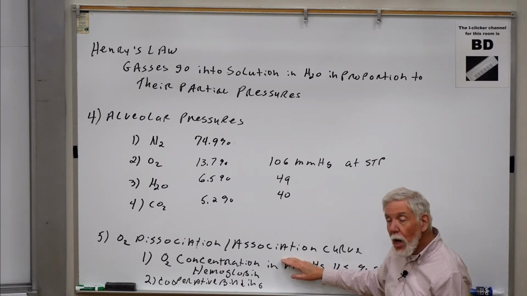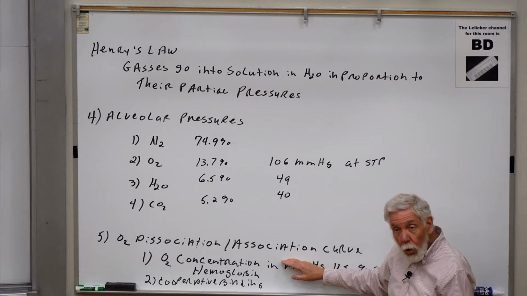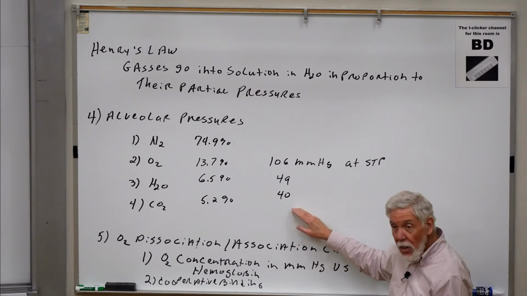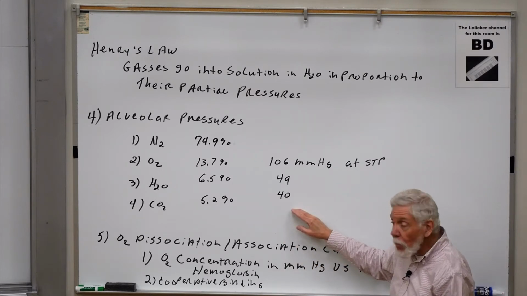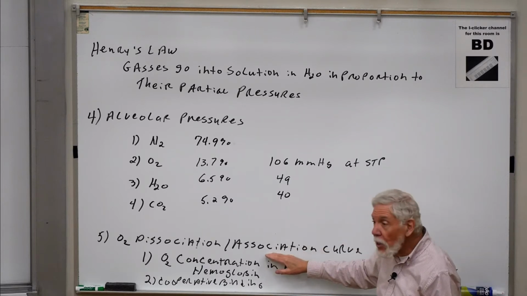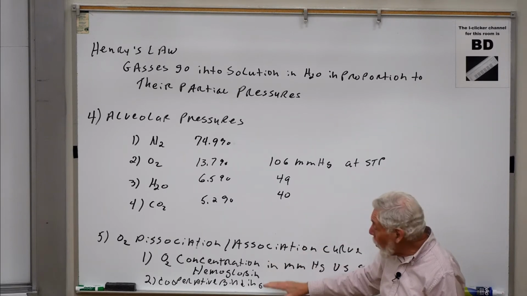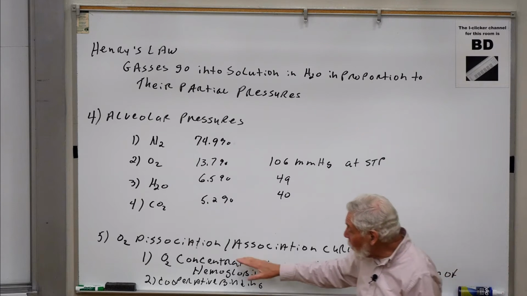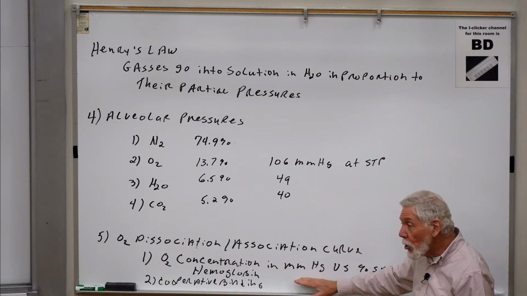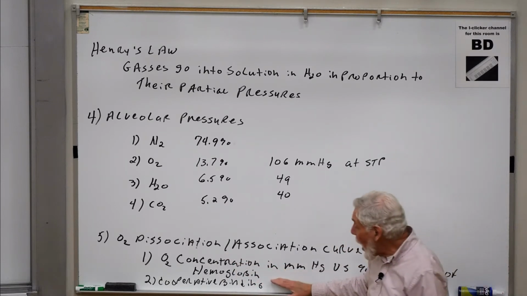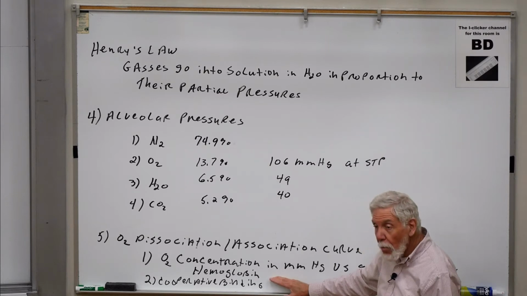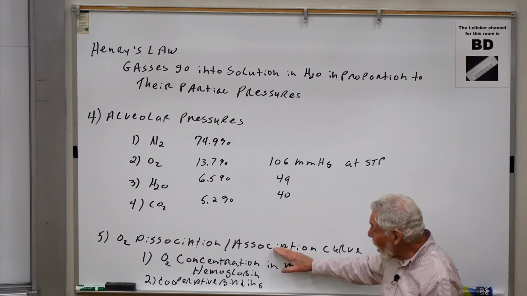We've talked a number of times about how the erythrocytes are whirling by the alveolar space, and in a matter of a fraction of a second, we fully saturate the hemoglobin. But what we have to think about here is the relationship of the oxygen concentration to the number of hemoglobin molecules which contain the oxygen.